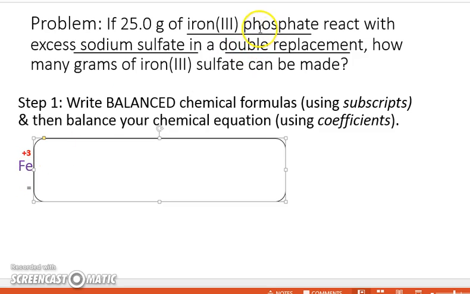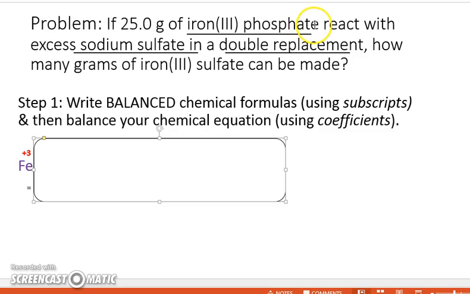And then phosphate: anything that ends in ATE or ITE, usually you're going to know it's a polyatomic ion, because if it was not a polyatomic ion, if it was just phosphorus, it would end in IDE.